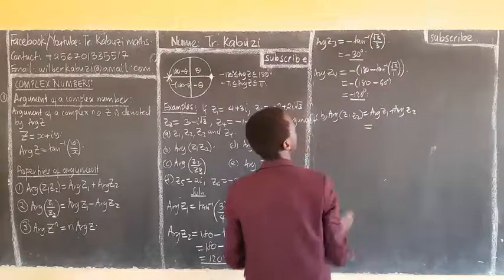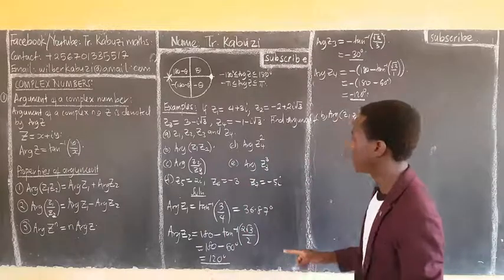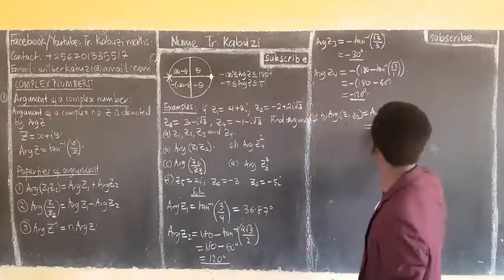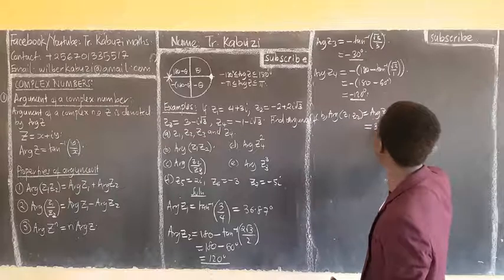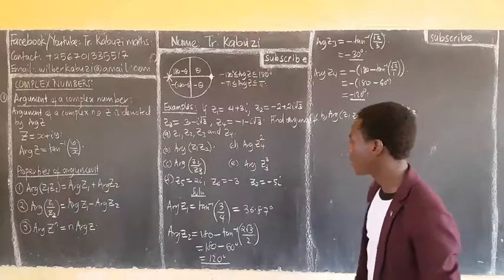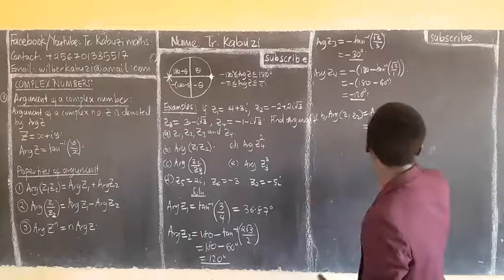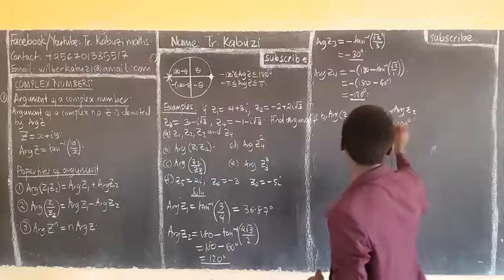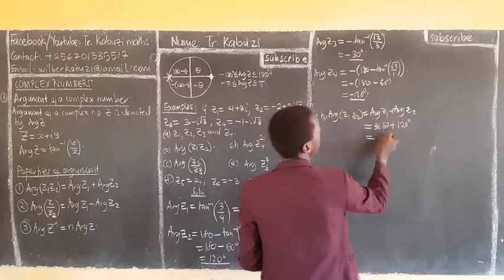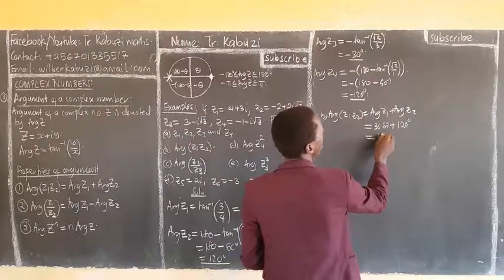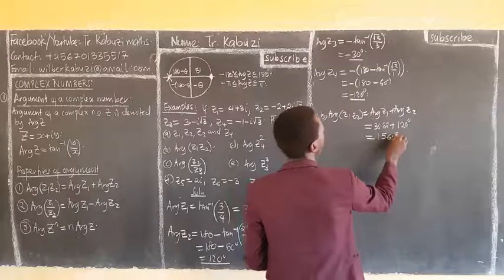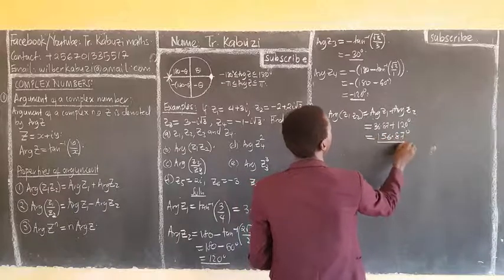Arc of Z1 was 36.87, then plus arc of Z2, which was 120 degrees. Just add, and you have 156.87 degrees, and you are done.